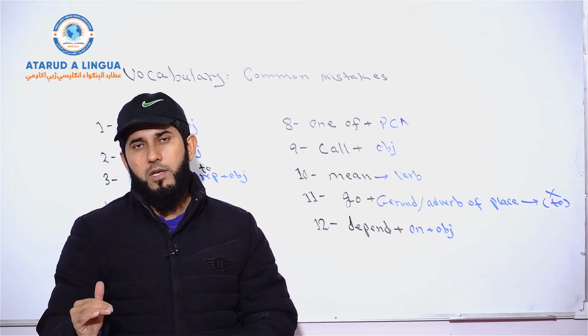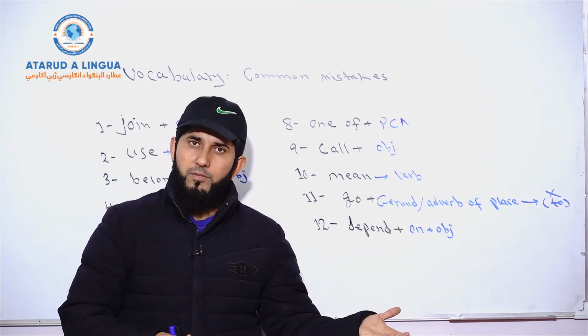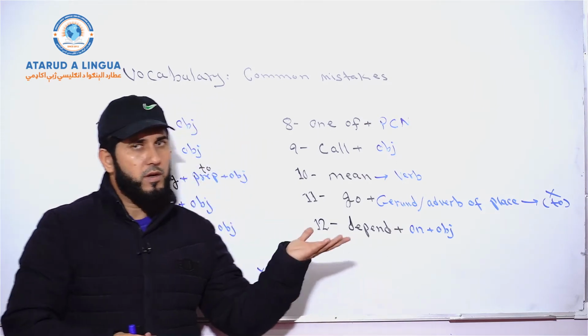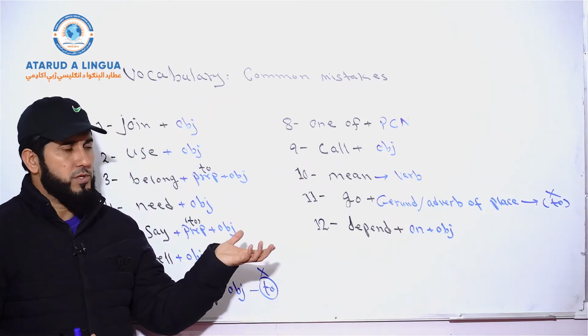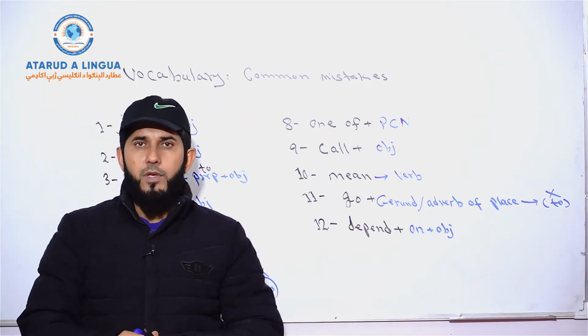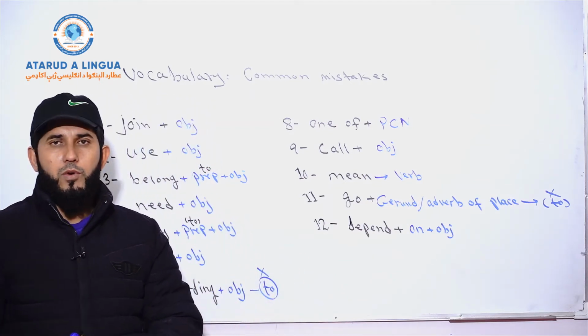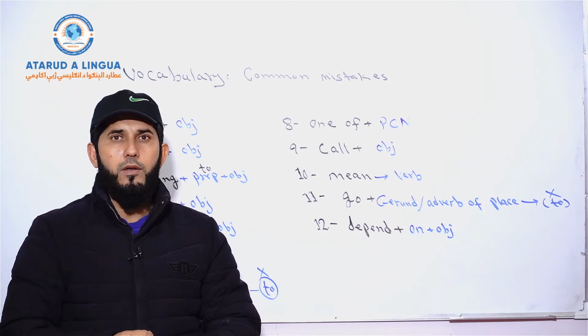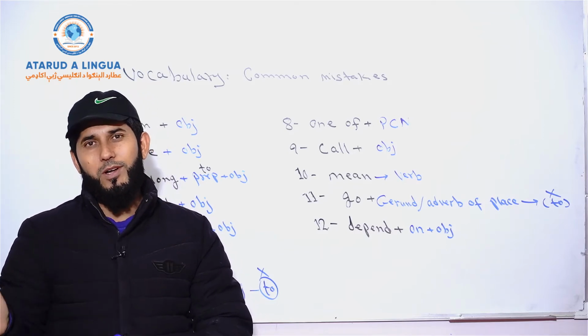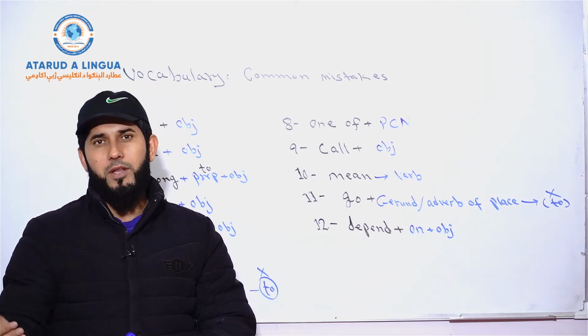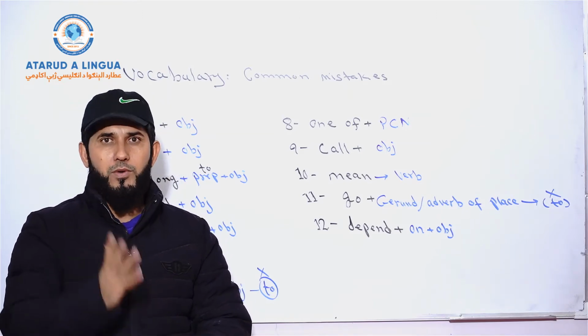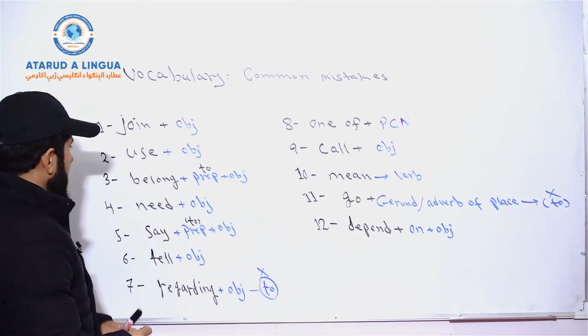Incorrect in English. It's a transitive verb, and there should be an object, no preposition. I need a marker. I need your help. I need some water. Do not say I need to some water, or I need to some money. No to. Just need plus object.